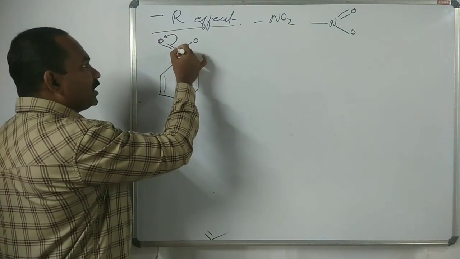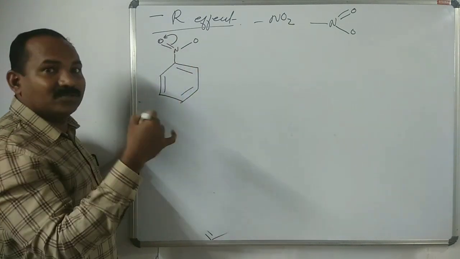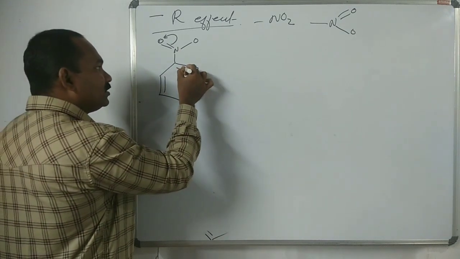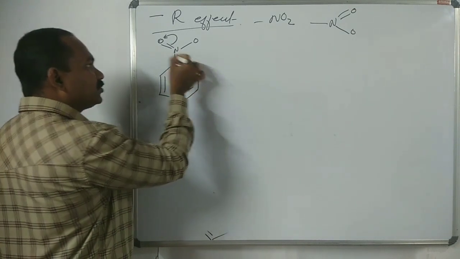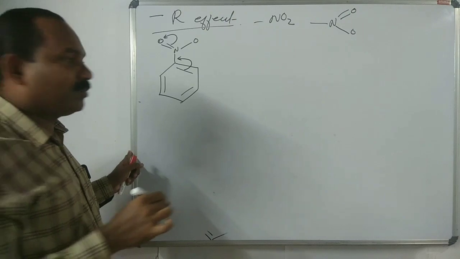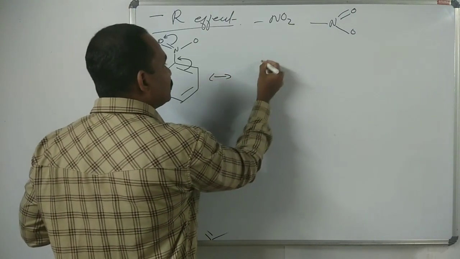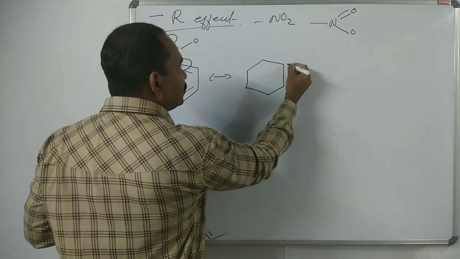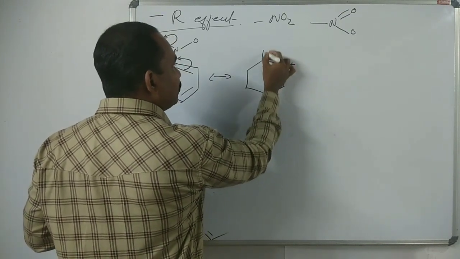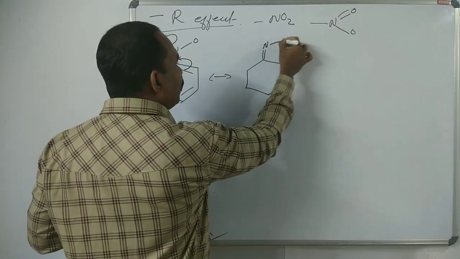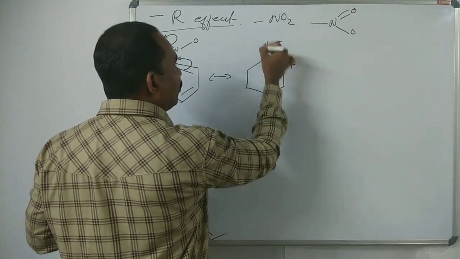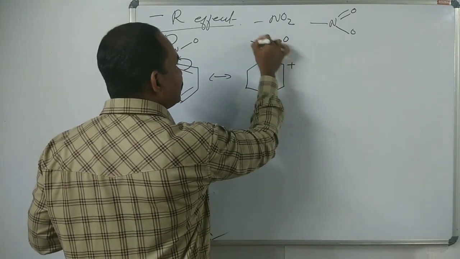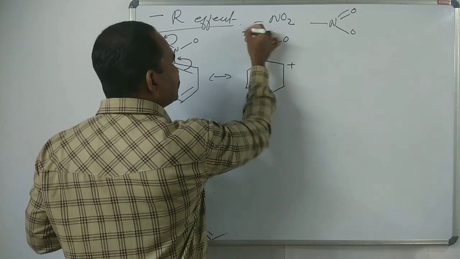So the valency of nitrogen is lost. So what happens? This pi bond comes between the carbon and nitrogen. So this carbon is positive, N double bond C, or C double bond N, with O minus.